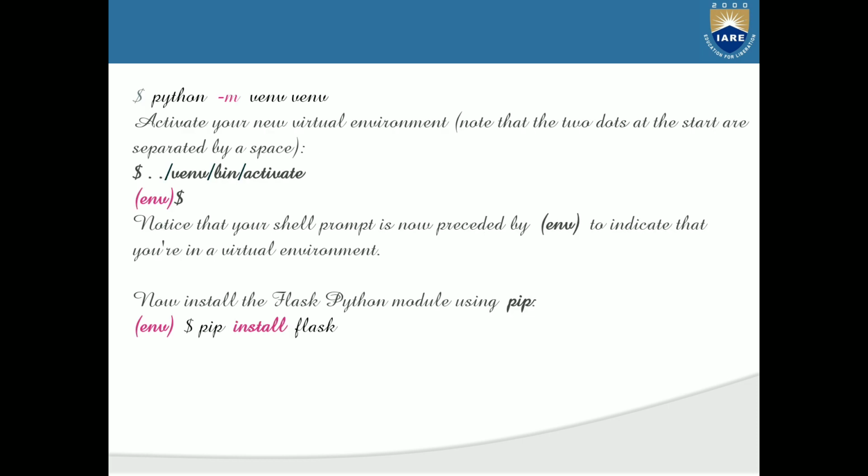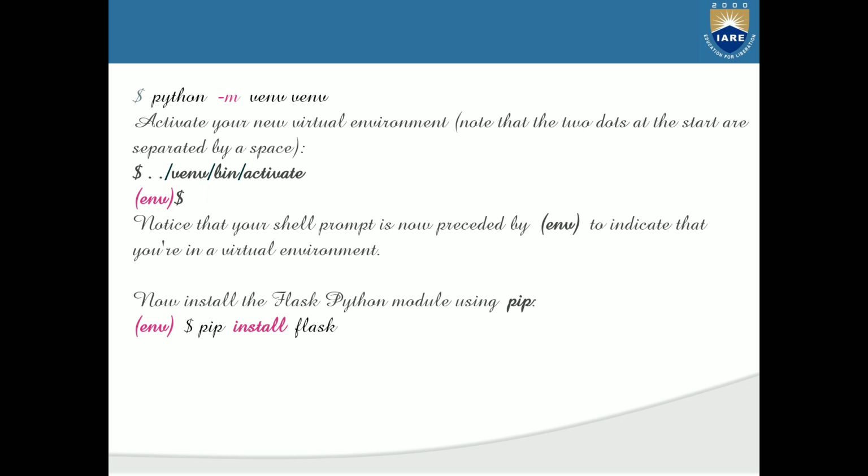And next, python -m venv. venv means virtual environment, a Python module that's used to create a lightweight and isolated environment for running Python projects. Activate your new virtual environment.